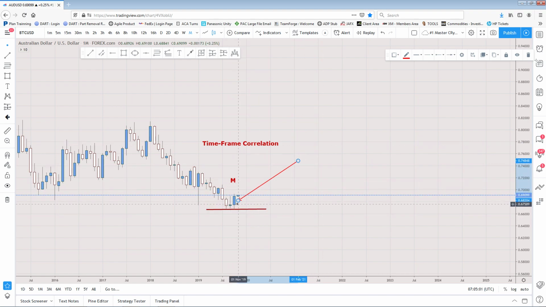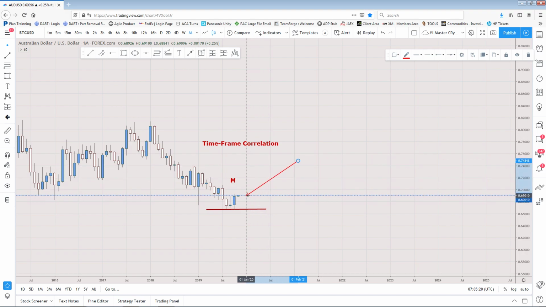So say we saw this big bullish engulfing candle and we're like, okay, I see there's a lot of bullish momentum, I want to start buying. Do we just blindly place a buy here and put a stop loss here and see what happens?